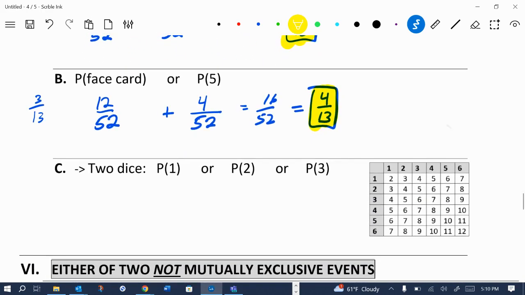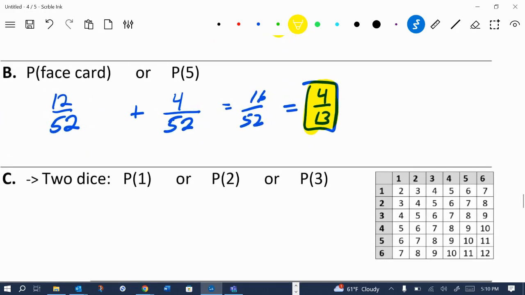Now let's look at it with dice. So if we roll 2 dice, what's the probability that we get a 1, or we get a 2, or we get a 3? And I guess it can be on either one of the dice. Well, the probability of getting a 1, well, there are no 1s that you could possibly get. So that is actually 0 out of 36. Well, we can add that to something.